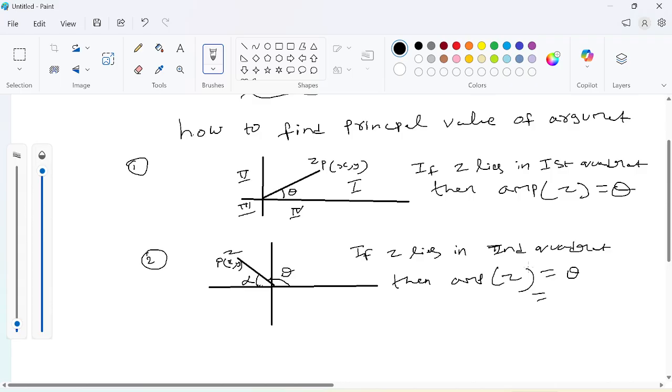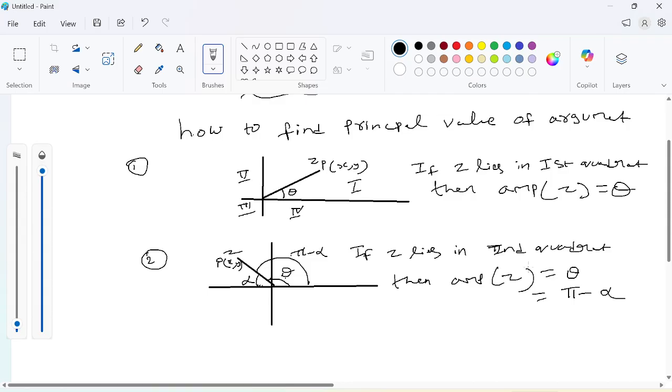So if this is alpha, what will this angle be? It will be pi minus alpha. Pi minus alpha is nothing but your theta. That's all. If you want, you can remember it also. First quadrant means theta. Second quadrant means whatever the angle this is making, pi minus alpha. That is what you have to think.